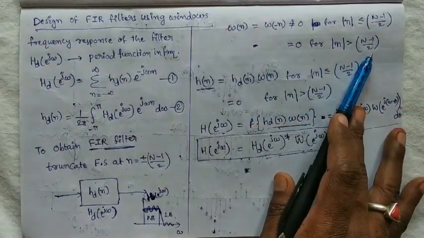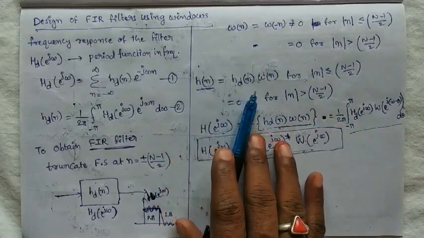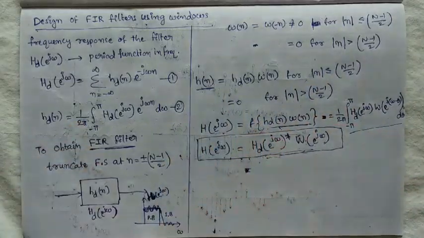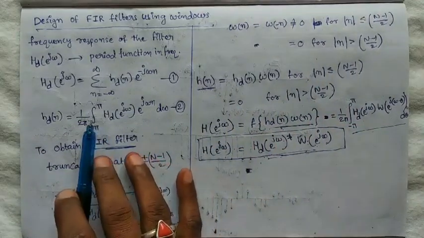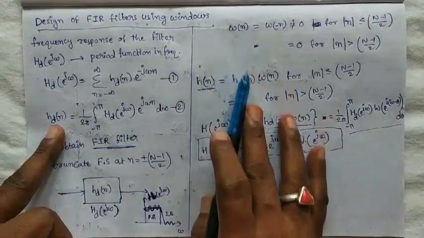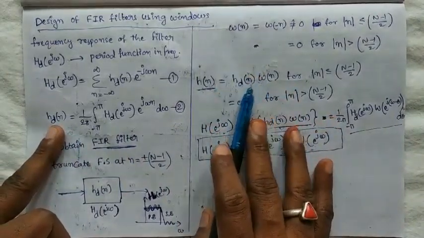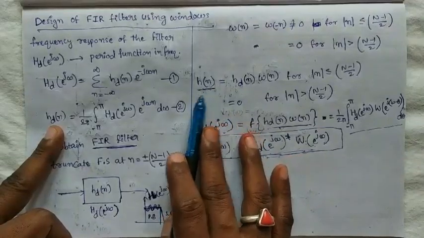To obtain the FIR filter, we multiply HD of n with the finite duration sequence called the window. This produces a new sequence, which I consider as H of n.